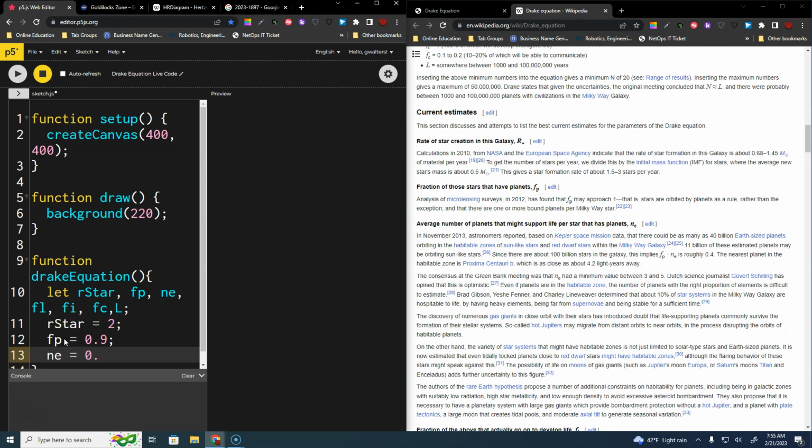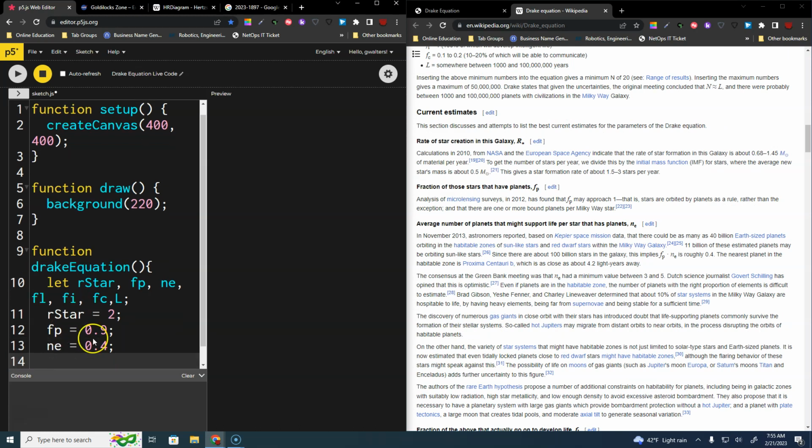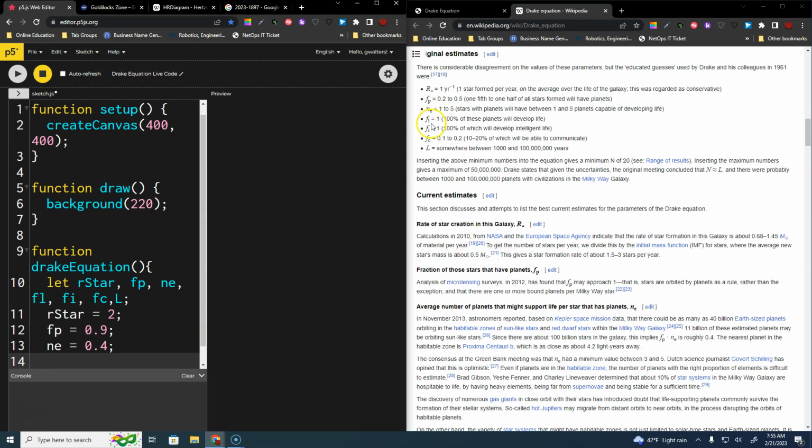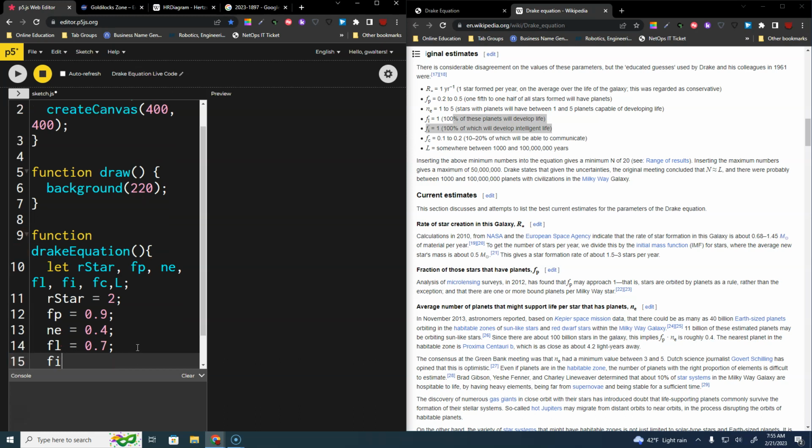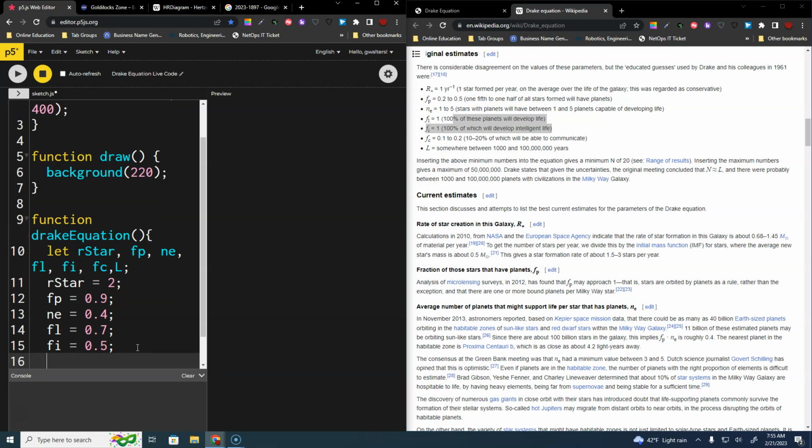So 0.4. We have F of L. Now they were saying of these that are capable of developing life will develop life. Do we believe that 100%? Maybe not. So instead of 100%, I'm going to say, I don't know, 0.7. For intelligent life, I'm going to say half of those, 0.5.